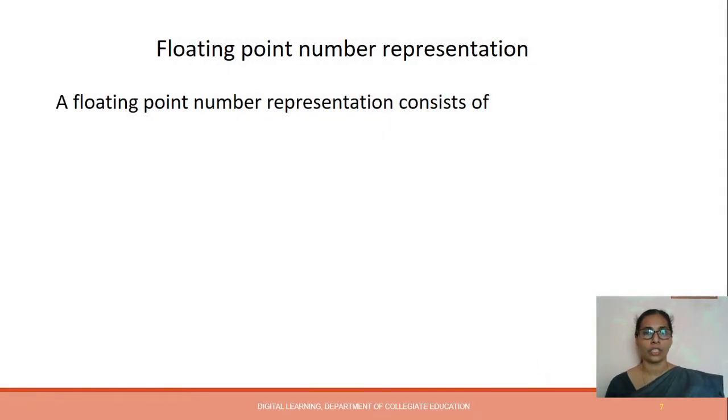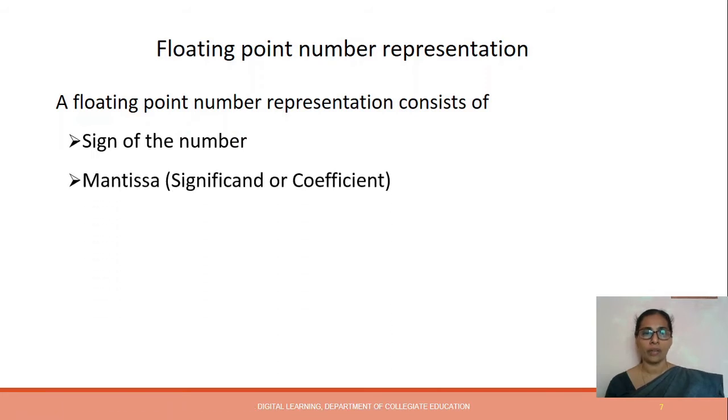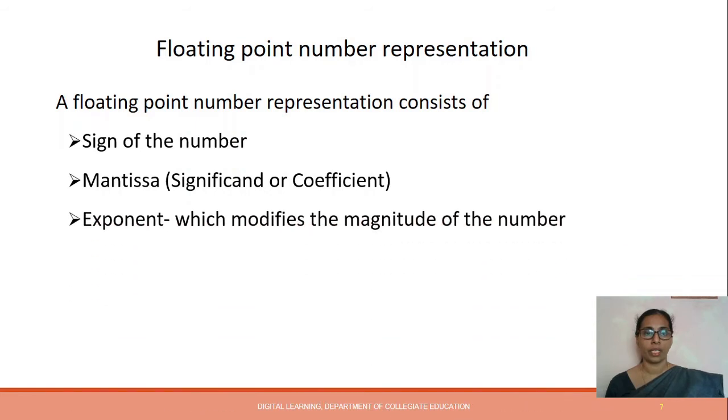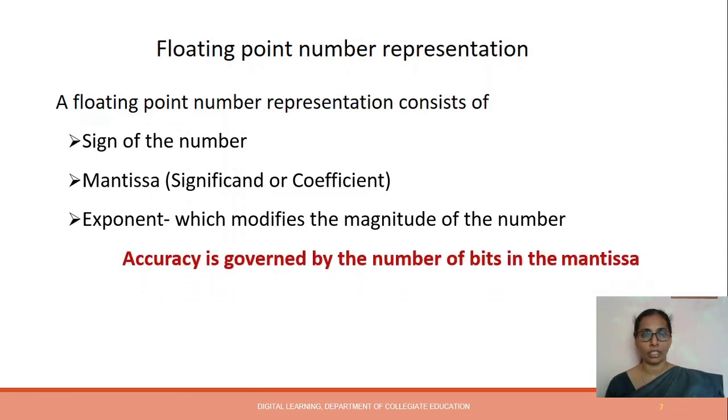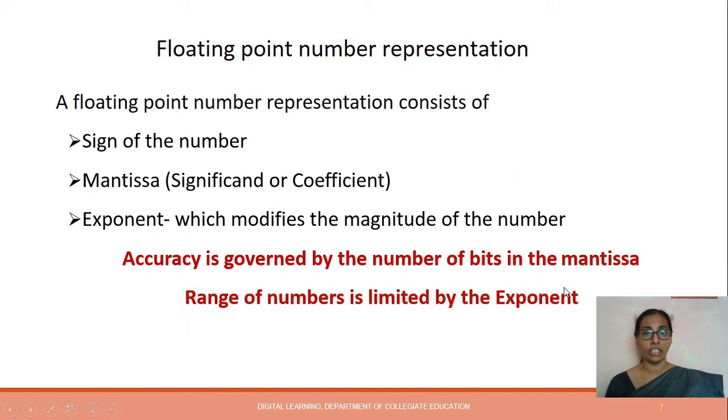Floating point representation consists of the sign of the number, where 1 bit represents the sign. Then the mantissa represents the magnitude, and an exponent modifies the magnitude of the number. Here, the accuracy of the floating point number is governed by the number of bits in the mantissa, and the range of numbers is limited by the exponent.